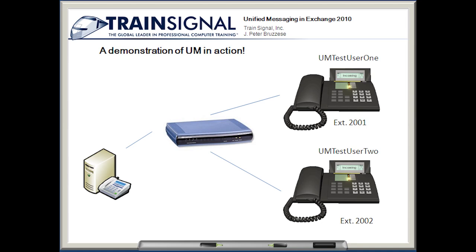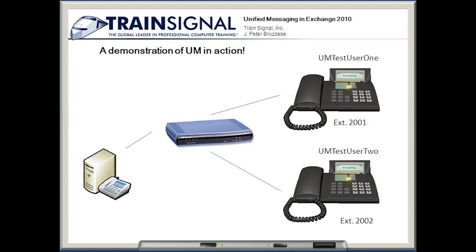So what we're going to do is configure our unified messaging server to work with the 2 users that we've created. And then we'll have test user 1 call test user 2, and we'll see what happens.